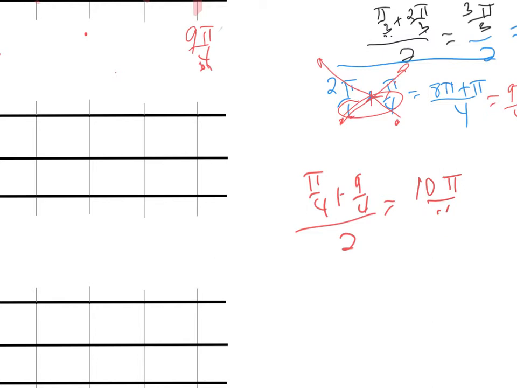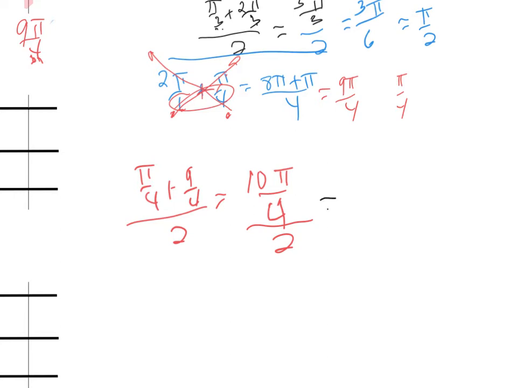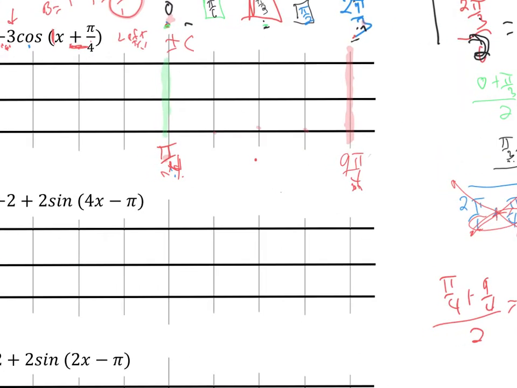And I hope you're ready. 4 divided by 2. I hope you're ready for the magic. Abracadabra, 10 pi over 8. Because you always multiply the two denominators. So that reduces to 5 pi over 4. Look, we're cooking with gas. 5 pi over 4. Okay?